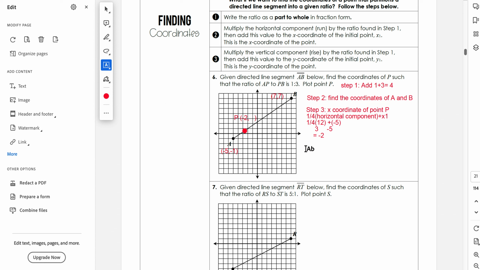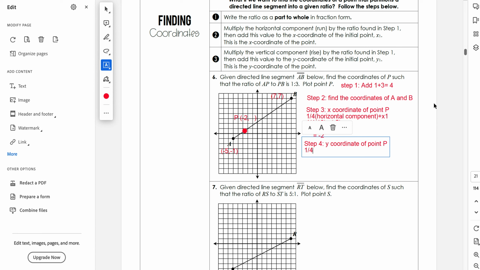So then let's do step 4, and that's find the y coordinate of point P. And so then similarly to when we found the x component, we're going to use the same ratio 1:4 because P again is approximately 1/4 of the distance between A and B.